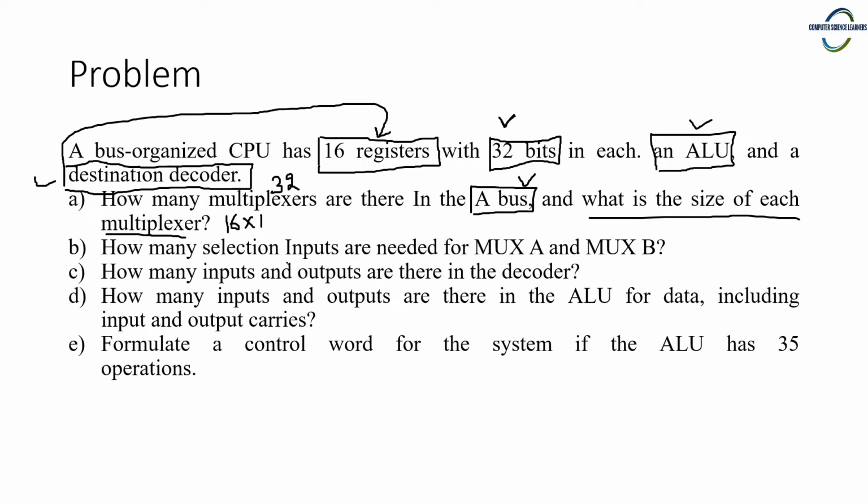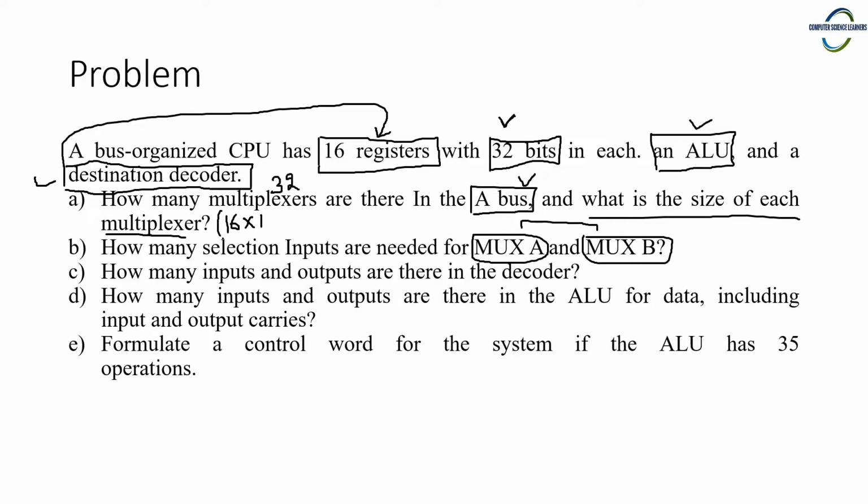Then how many selection inputs are there in multiplexer A and multiplexer B, right? These are actually multiplexers on bus A and multiplexers on bus B. As we are having the same number of multiplexers and the same size, the number of selection inputs is also going to be the same. The selection input depends on the size of the multiplexer.